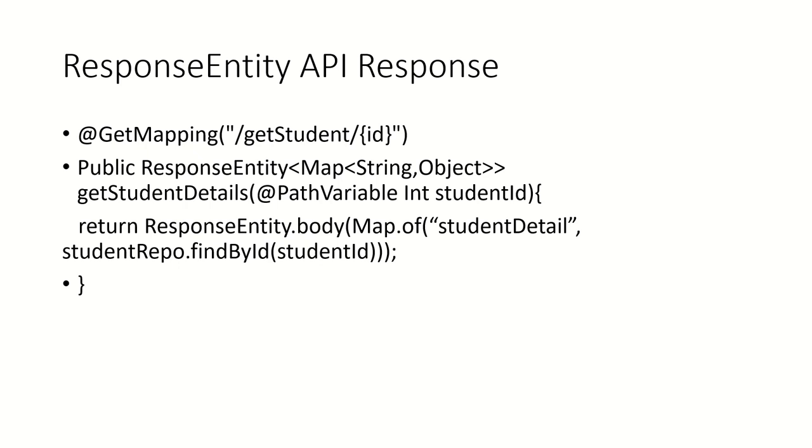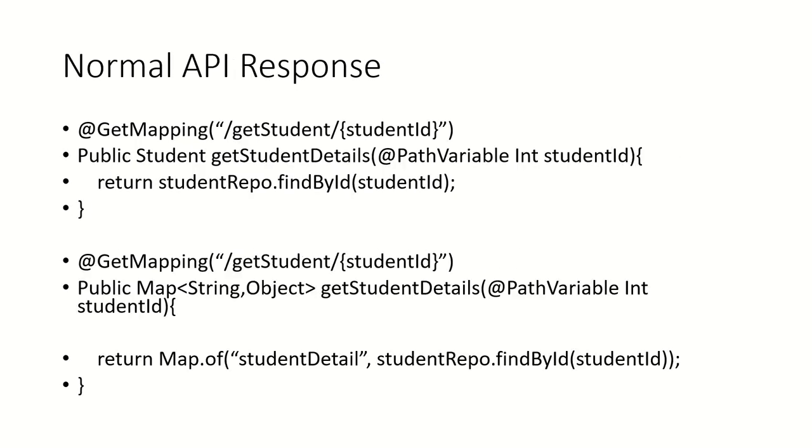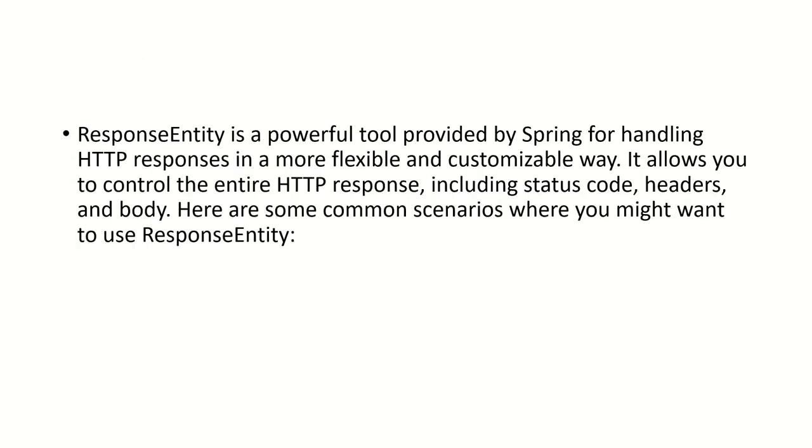Okay, but this is not the ideal case when one should use the response entity. If you are only returning the response body, then you should not use the response entity. You can go with the normal approach of developing the API if you are only returning the body.